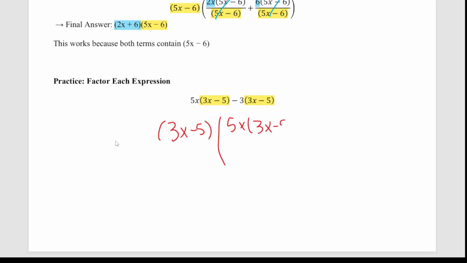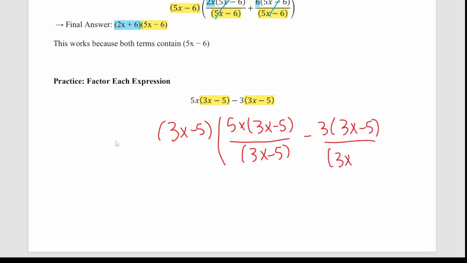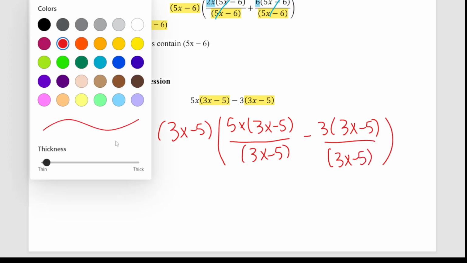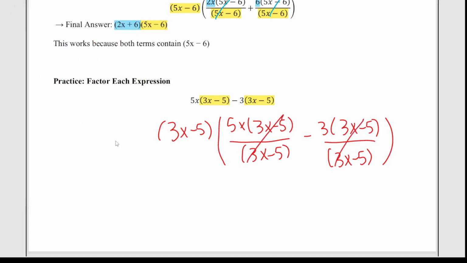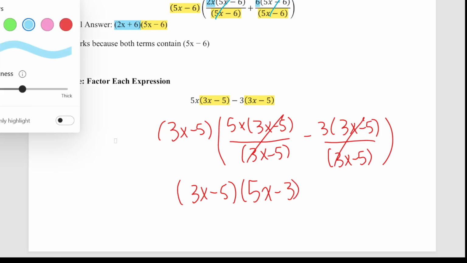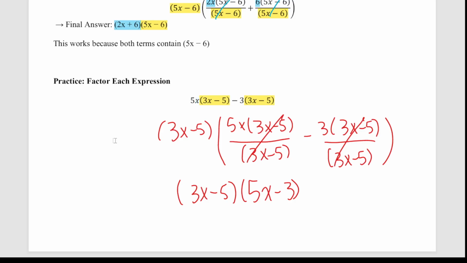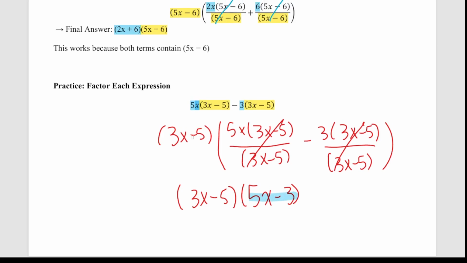Well, that's going to be each individual term divided by that 3x minus 5. Anything divided by itself, including 3x minus 5, is just 1. So you would be left with 3x minus 5 times, in this case, 5x minus 3, because that 5x minus 3 would be those terms out front that would be left in your other set of parentheses.